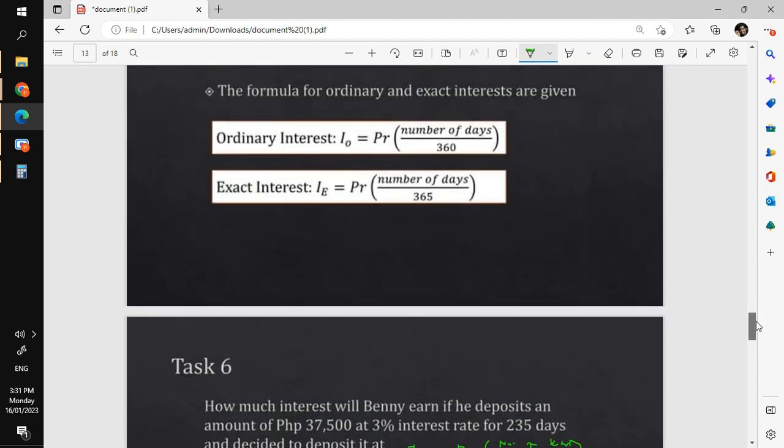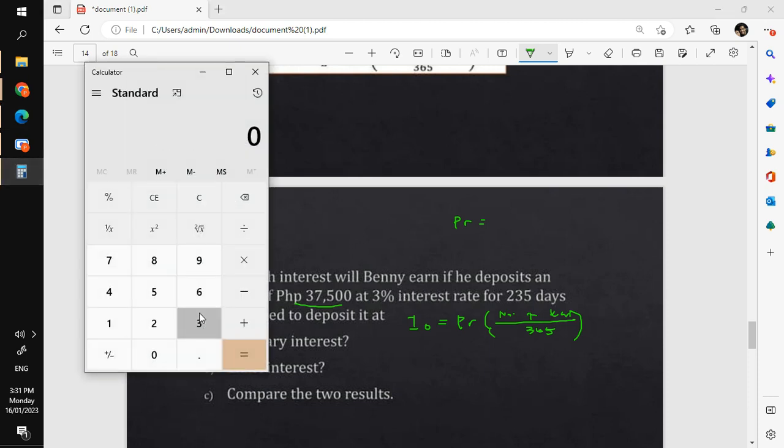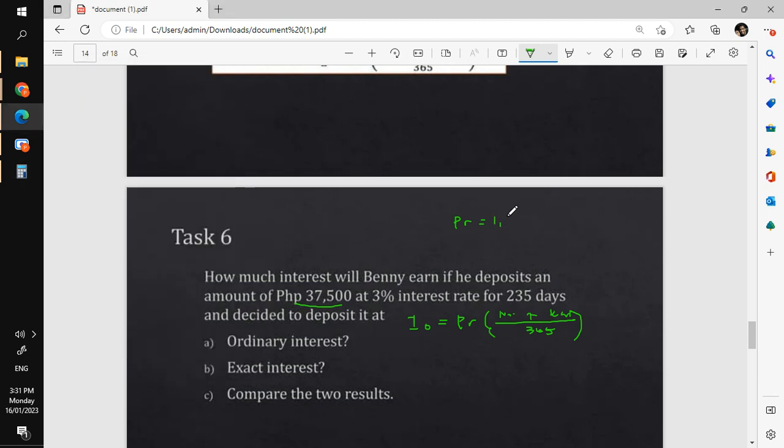Since we have a common factor, which is P times R, let us first get the value of P times R. The principal amount is 37,500. The rate is 3% or 0.03. So 37,500 times 0.03 gives us 1,125.